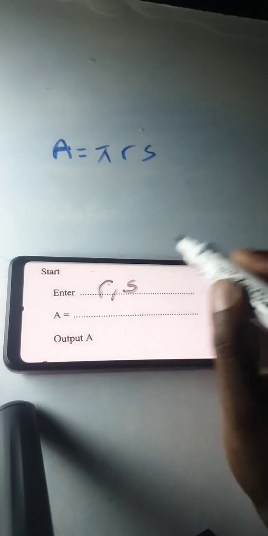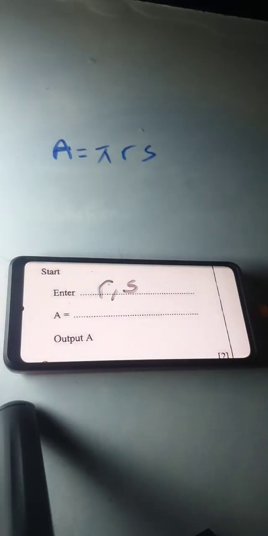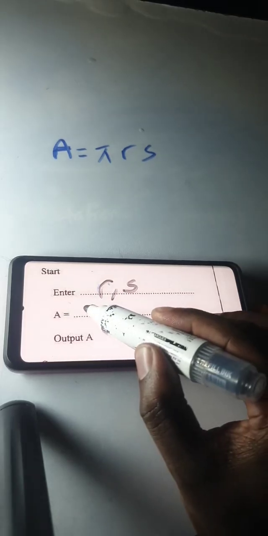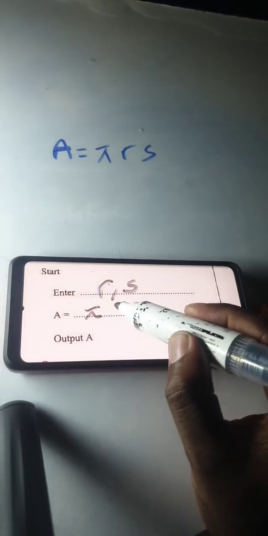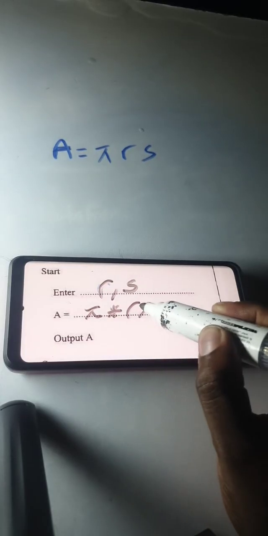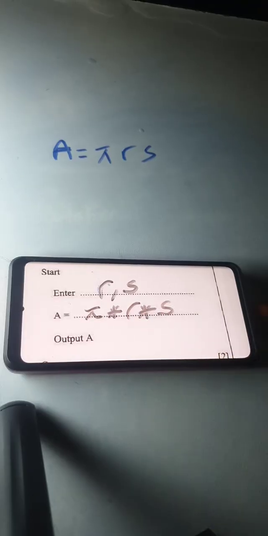Then we also enter the slant height. Then A is equal to the formula, but you write it in computer language. So you say pi star radius star slant height. That's how you fill in that space.